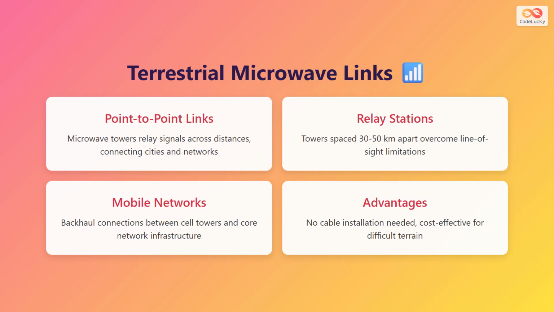These microwave links form the backhaul connections in mobile networks, carrying data between cell towers and the core network infrastructure. The major advantages of terrestrial microwave systems are that they don't require expensive cable installation and are particularly cost-effective in difficult terrain like mountains or across bodies of water.